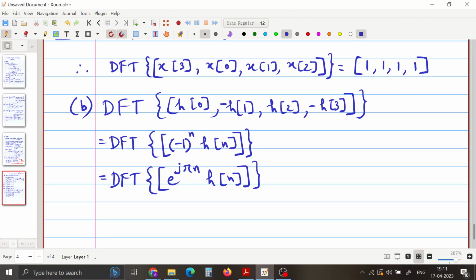E power j pi n is nothing but minus 1 to the power n. Now I am just converting it into the standard form, which is e power j 2 pi k n by capital N. So you can write this as e power j 2 pi times 2 by 4, where capital N is 4 here, times small n in the numerator.